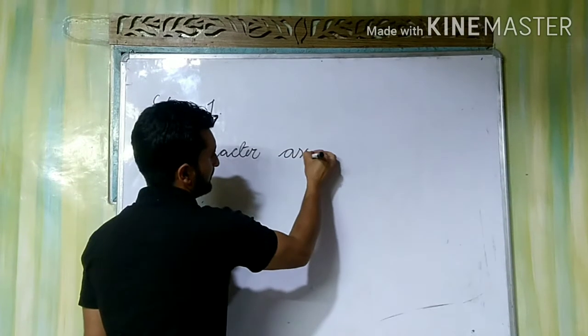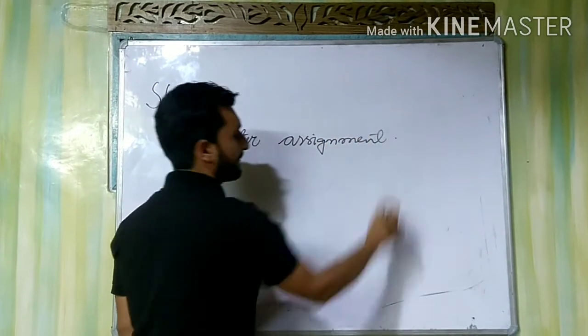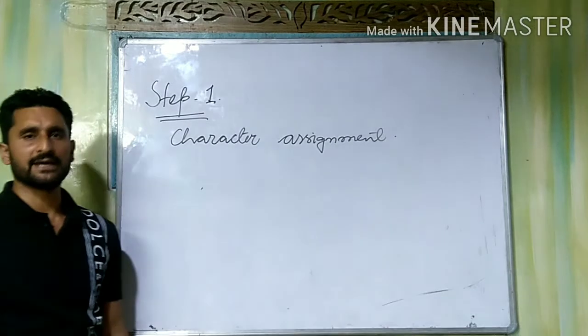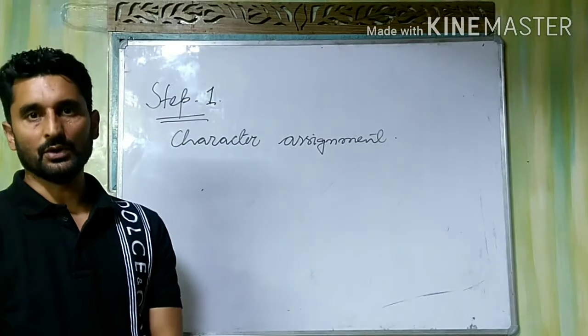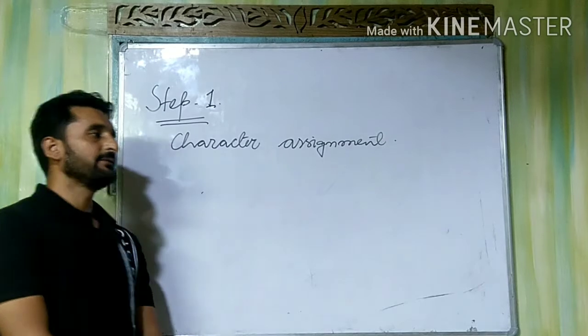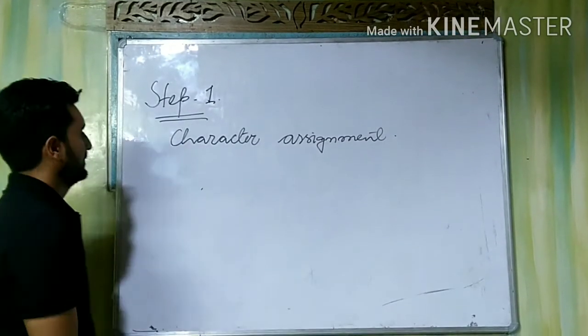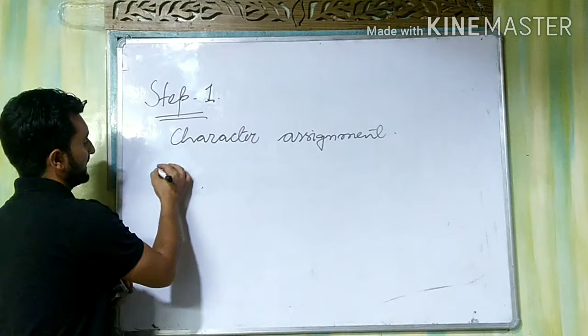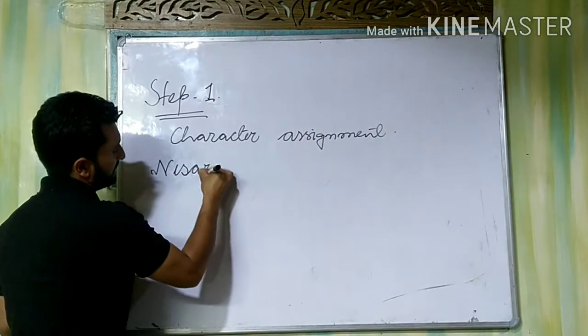Character assignment. We assign different characters. Characters here means names. Or for convenience, you can take it A, B, etc. All right. So here I will take the first character, Nisar.